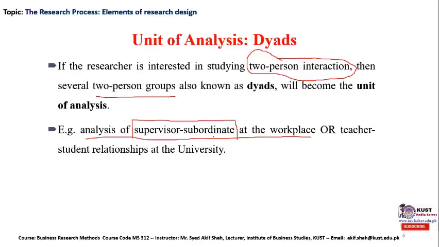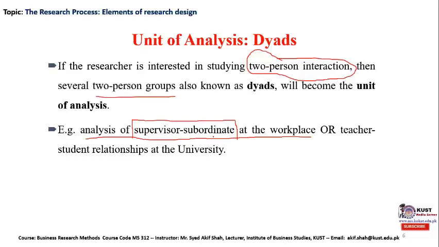We assume that the researcher is interested to find out the relationship between the supervisor and subordinate and the productivity level of the organization. And the researcher assumes that if there is a good, motivated relationship between the supervisor and subordinate, it will lead towards an increase in the production level of that specific organization.